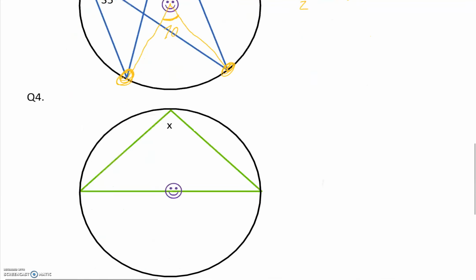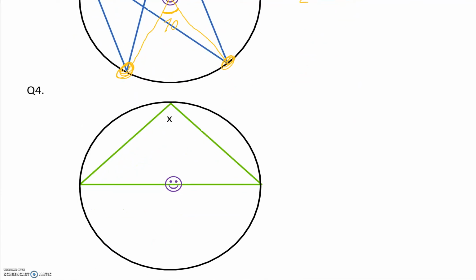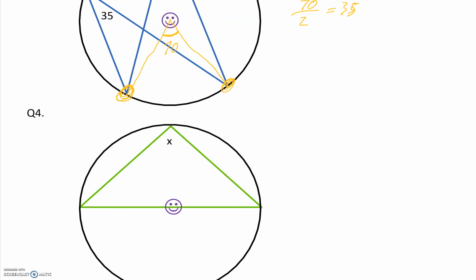Okay, and now this one here is one that you have to recognize that we do have, like here we had our angle 70, right? This is our angle this time. And it's so hard for some people to see this, but this angle is 180 degrees. A straight line is always 180 degrees.